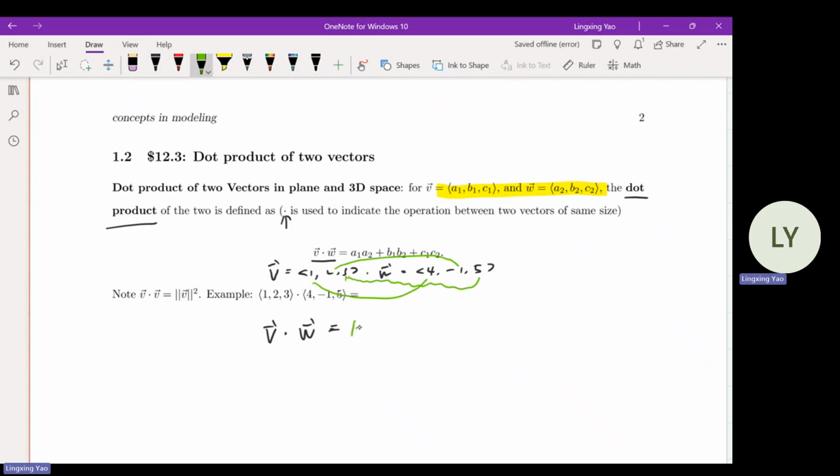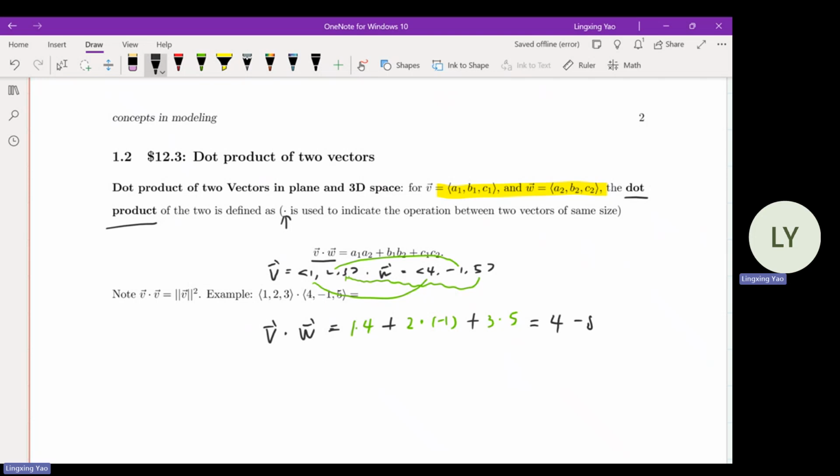So it's 1 times 4 plus 2 times -1 plus 3 times 5. So this is what we're going to get. The result will be a scalar.